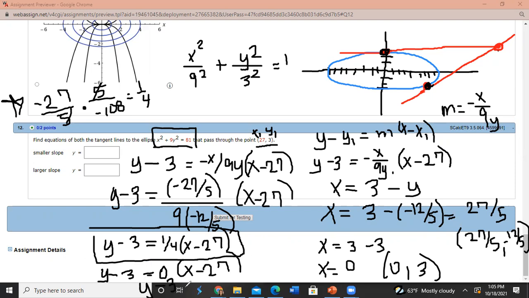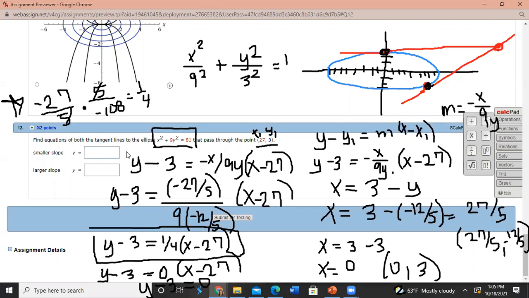So we're left with y minus 3 equals 0. I wonder if WebAssign lets you put it in like that, or that's probably easier to think about. This is just the line y equals 3, which does make sense off of our terrible sketch that we started out with. Okay, so smaller slope, technically, the slope of 0 would be the smaller slope. That's no slope. So we'll say y equals 3.